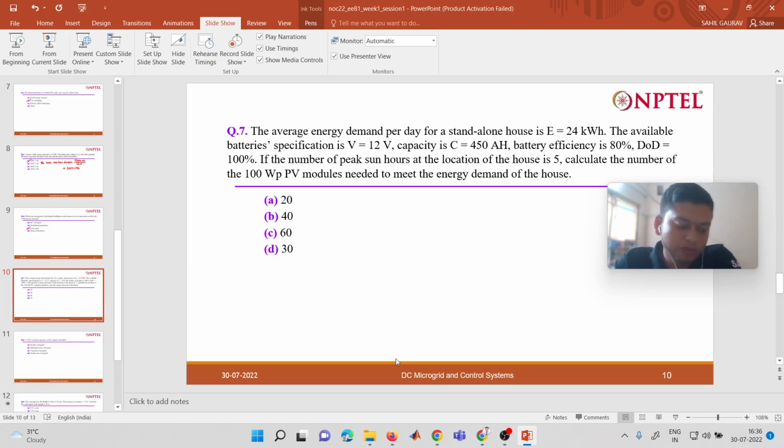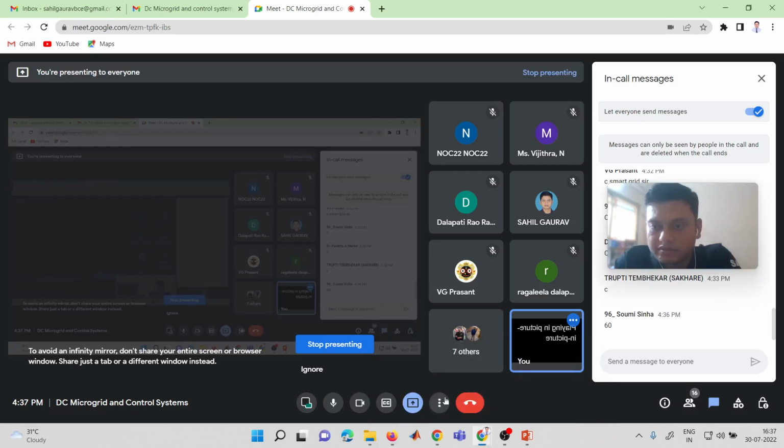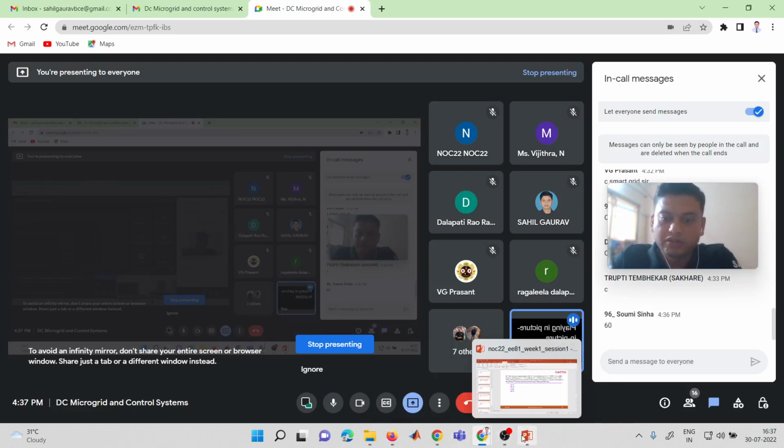Here you have to calculate the number of PV panels. First you need to calculate the total daily energy requirement of the house, and then calculate the daily energy produced by each PV panel, so that you can calculate the number of PV modules. Yes, I got some responses. Soumi Sinha has given the correct answer. So now I will solve this question.